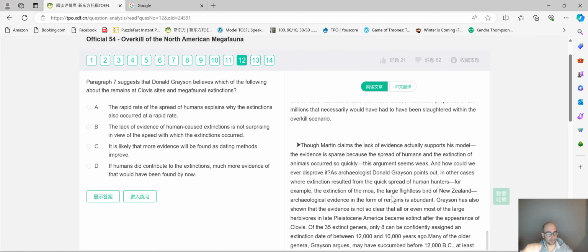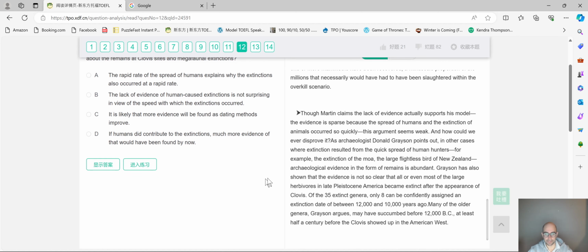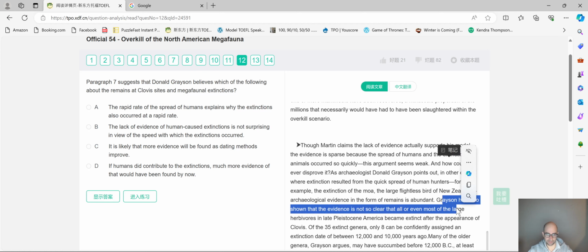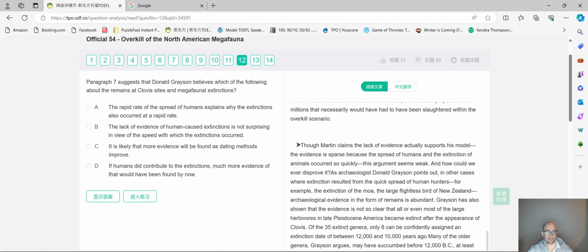So you only read what you need. Always remember that expression, guys, okay? All right, so the rapid rate of the spread of humans explains why the extinctions also occurred at a rapid rate. No, that's not what I understood when I was reading Grayson's point there, so no. It doesn't corroborate with that.